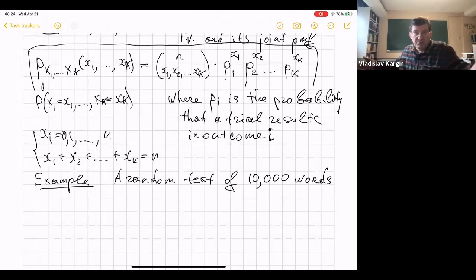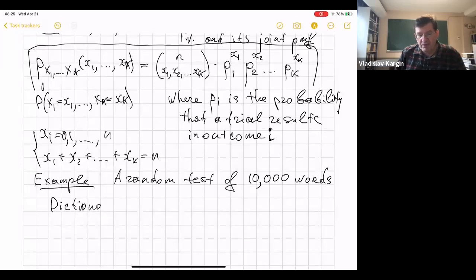A dictionary of all possible words is too much, because the English language contains around 1 million words or something like that. So you just define some dictionary of words.